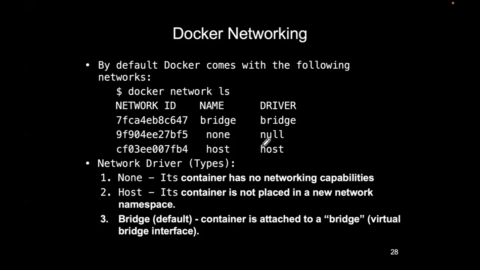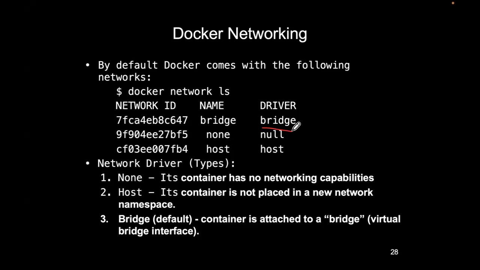Now, I'll talk about networking in a little bit more depth next week, but what we can do is inspect these networks. And for a bridge network, i.e. a network of type bridge, what Docker does is it allocates an IP subnet range to that virtual network.